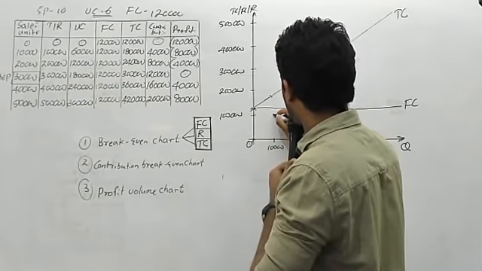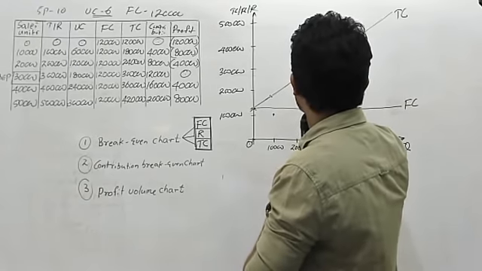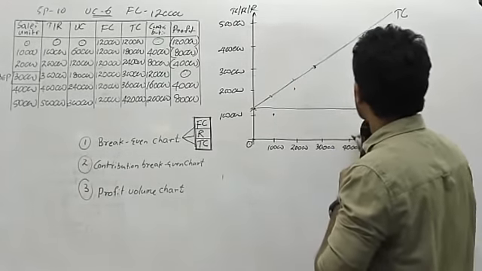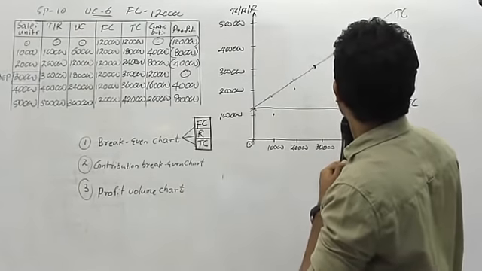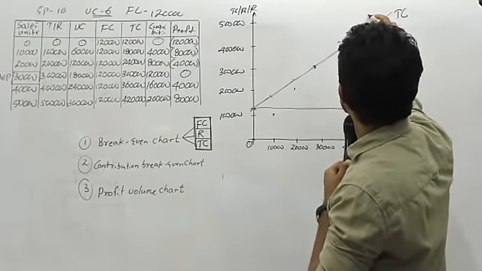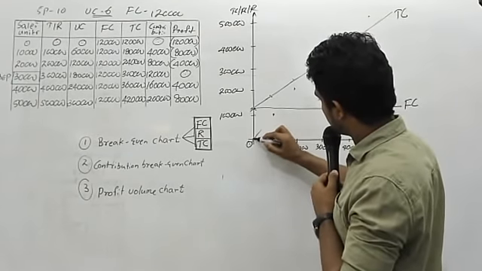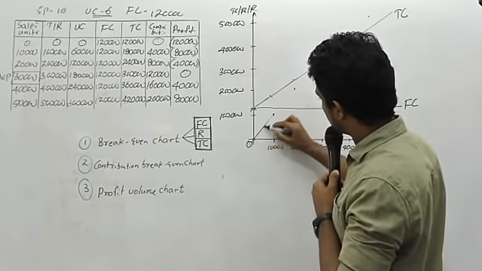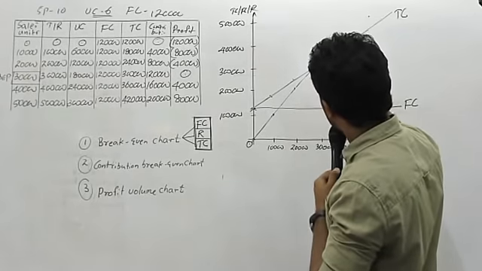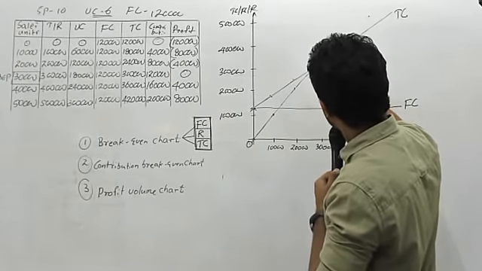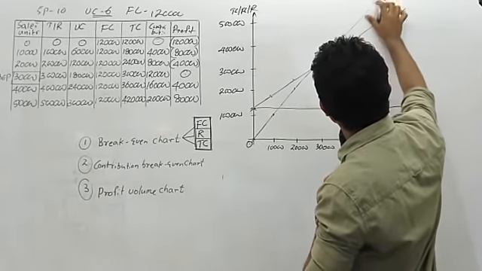Here. 20,000 level, 200,000. 30,000 level, 300,000. 40,000 level, 400,000. 50,000 level, 500,000. Starting from the origin, like this.